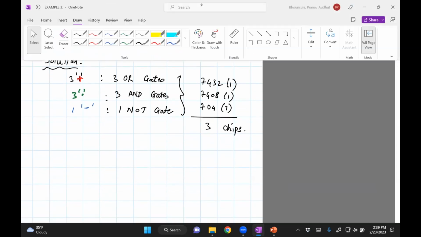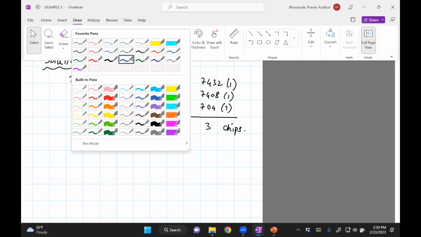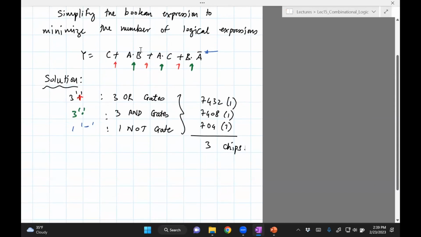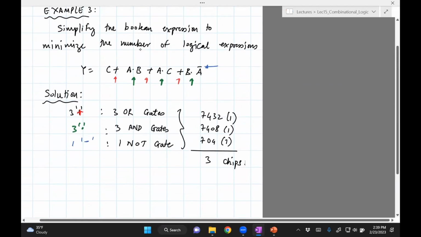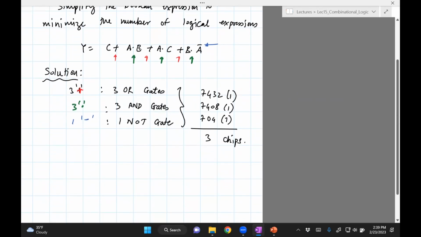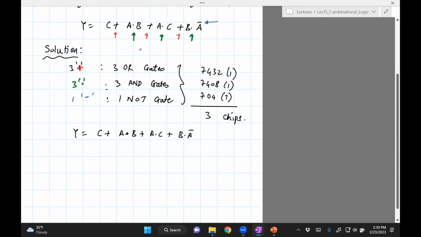Okay. So now let's see if we can simplify this in order to reduce this number of expressions, which will reduce the number of chips we need to use. Let's see if we can perhaps combine the middle two. So I use the associative property, B plus C plus A complement.